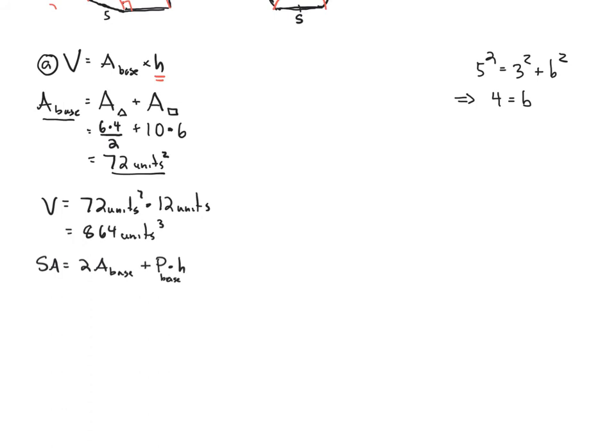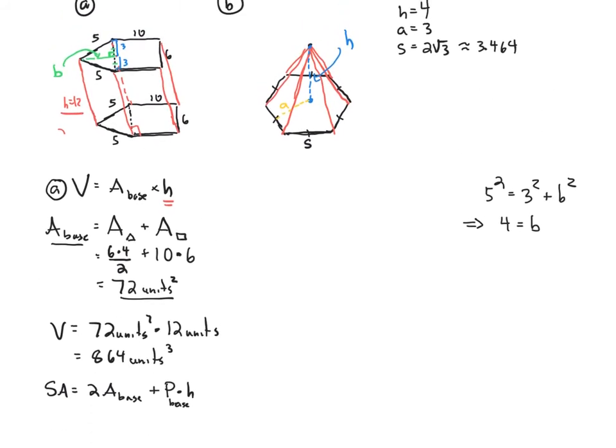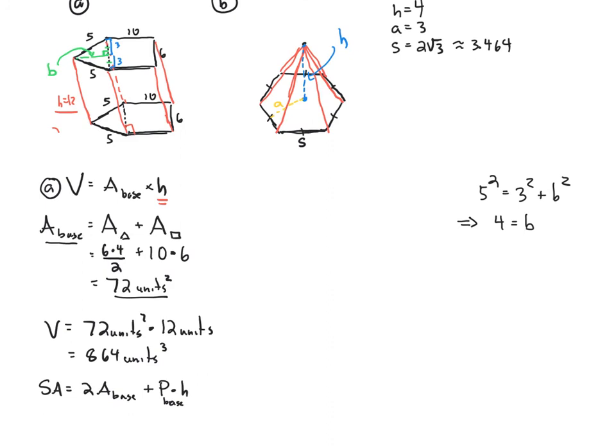So let's scroll up here. Just bear with me while I scroll. There we go. So the perimeter, well, there's no nice formula for this. Just add up the length of all the sides. So we'll start here. 5 plus 5 is 10. 10 plus 10 is 20. Plus 6 is 26. Plus 10 is 36.